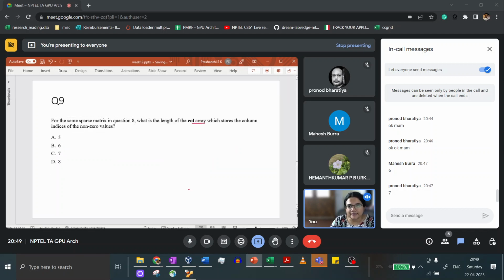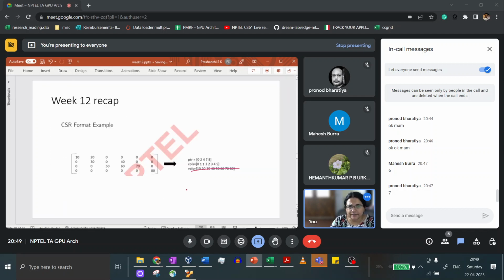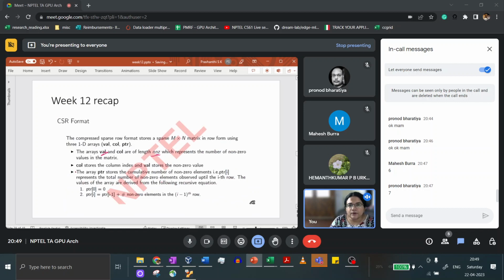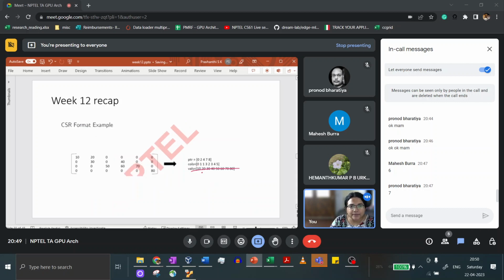So why would it be 6? Let's go back to the definition of these things. Col stores the column index of the non-zero elements. So if you have, let's say, 5 non-zero elements, you have to store the column index of each of them. You have to store the column index of all of them, so you can't have any less than the number of elements.